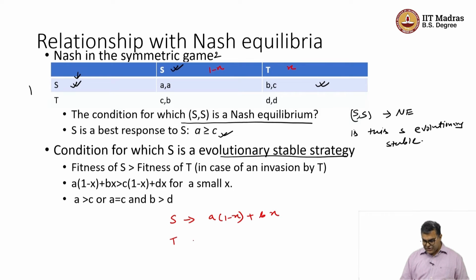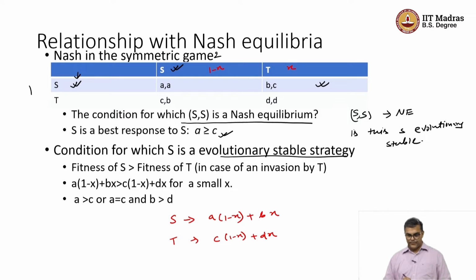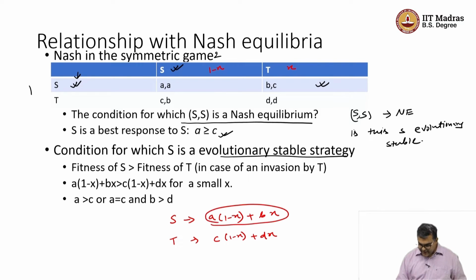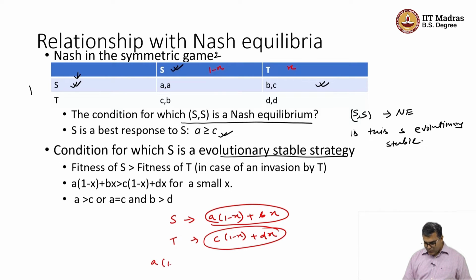And how much is T? T is C 1 minus x proportion of time and D x proportion of time. And for S to be evolutionary stable, this value has to be greater than this value. So, A(1 minus x) plus Bx has to be greater than C(1 minus x) plus Dx.